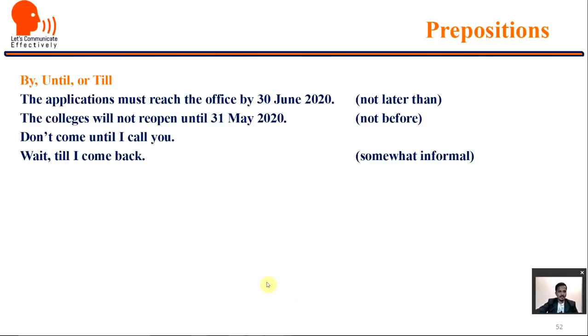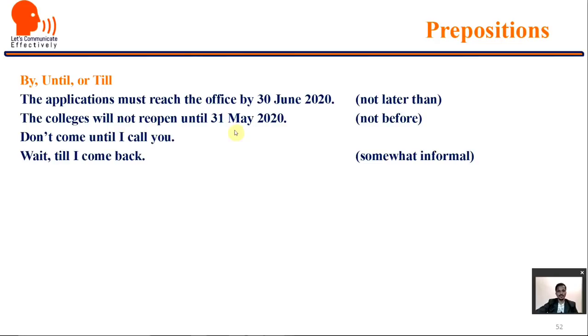By, until or till. The applications must reach the office by 30th of June, not later than the given date. For that we use by. The college will not reopen until 31st May 2020. So not before the given time.